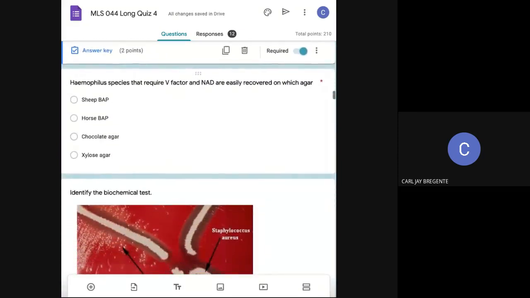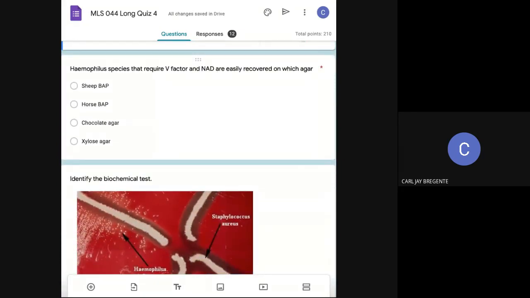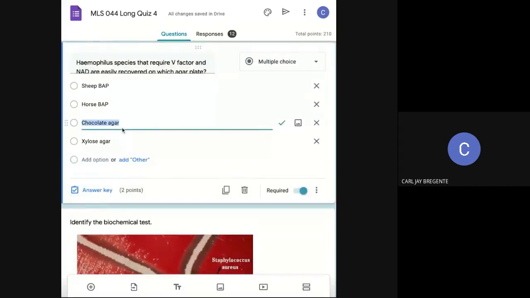Haemophilus species that require V factor and NAD are easily recovered on which agar? The answer is chocolate agar. The V factor and the NAD must first be released from the RBCs before they are assimilated by H. influenzae or Haemophilus species in general.